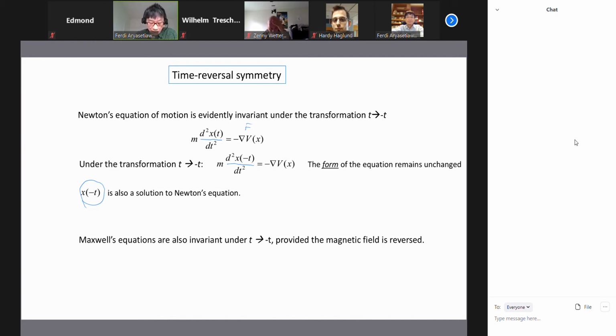And if we look at Maxwell's equations, they are also invariant under this time reversal, provided, and this is important, that the magnetic field is reversed also. If we regard the magnetic field as something from the outside, then this is not the case anymore.